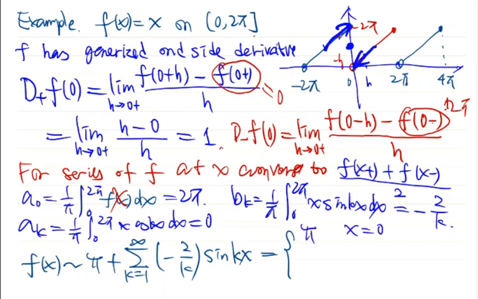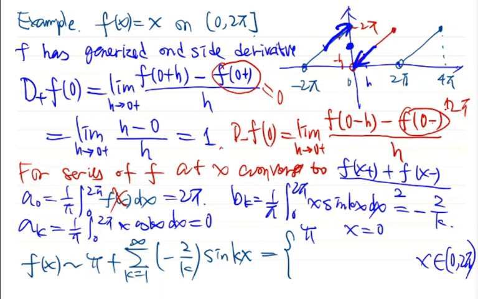And when x is in the interval 0 to 2 pi, f(x) is continuous. Okay, in the open interval 0 to 2 pi, f(x) is continuous.